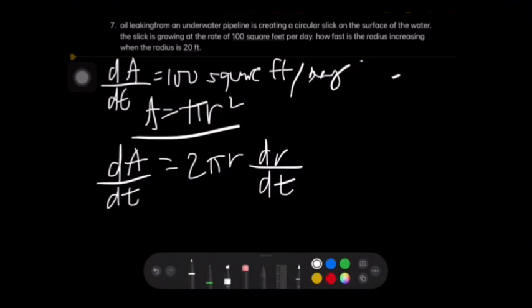Now we need to find the rate of change in the radius, so we are going to find dr over dt.